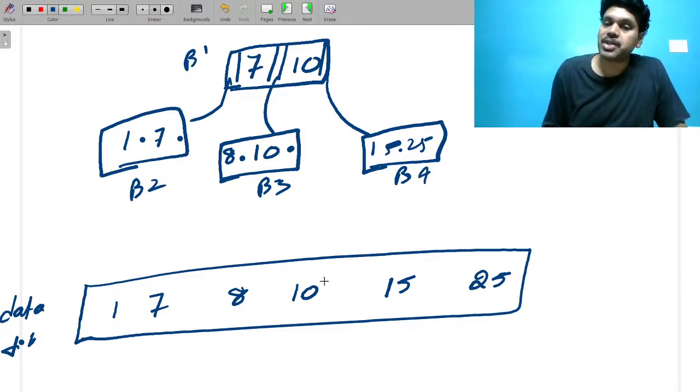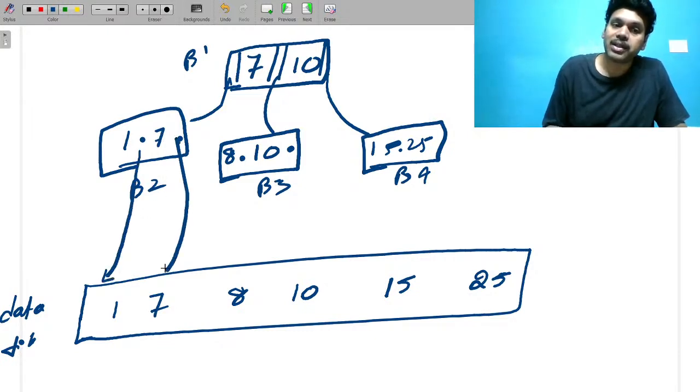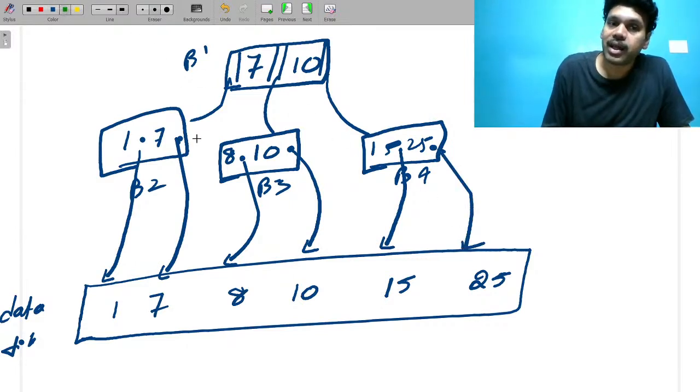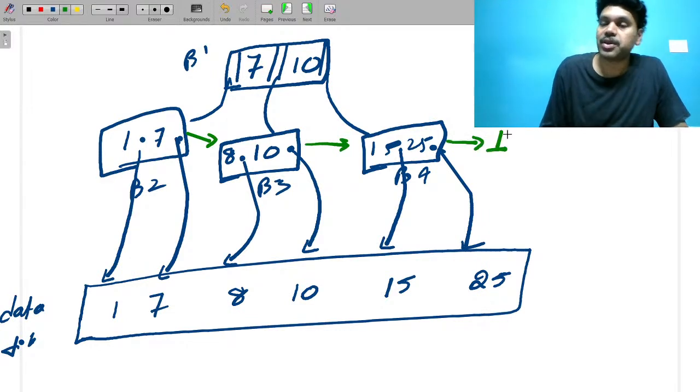Otherwise, you want to merge into double block according to your block factor, you can do it. I am taking directly one block only. So record pointers are eligible only from your leaf node, not from your internal node and not from your root node. And this is interlinking to each other. This is going to be null.